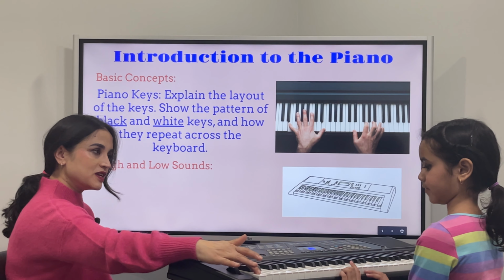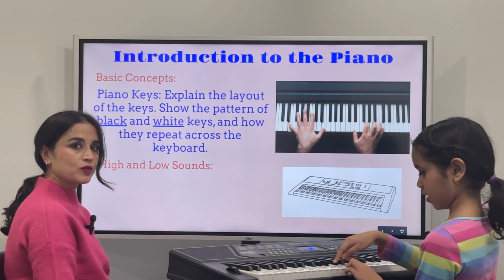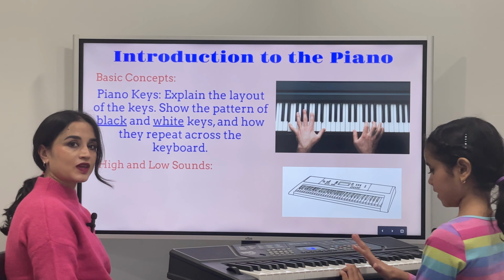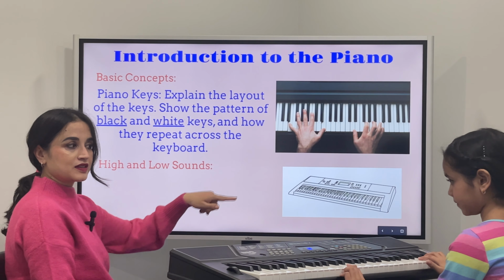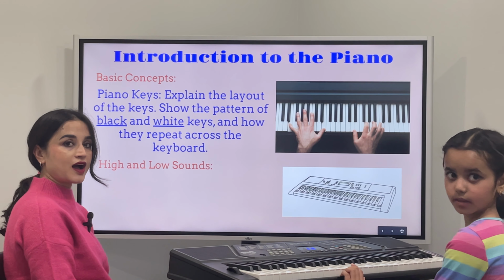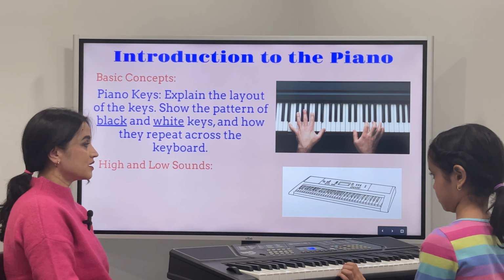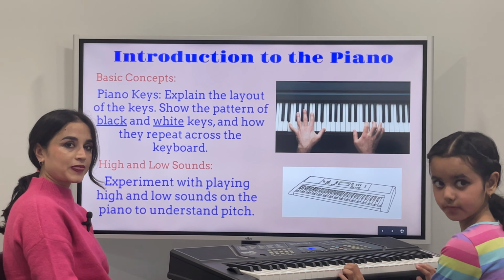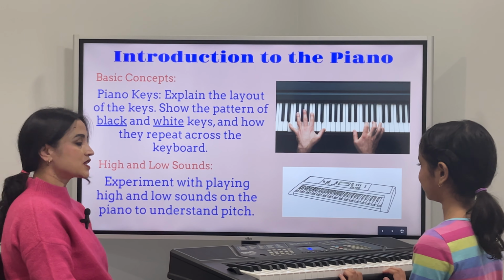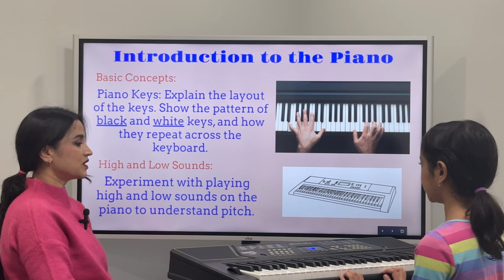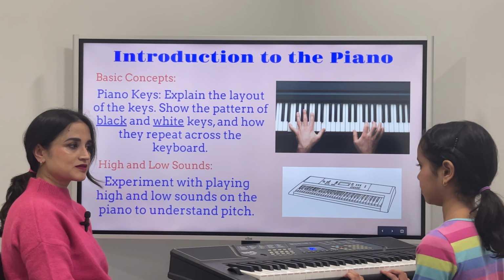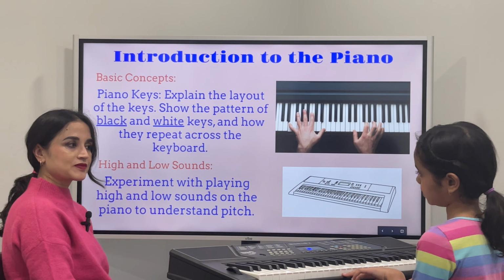It will be low. And if you go to the right-hand side, then it will be a high, sharp sound. Okay, so let's do some experiments, to hear the high and low sounds on the piano and understand pitch.